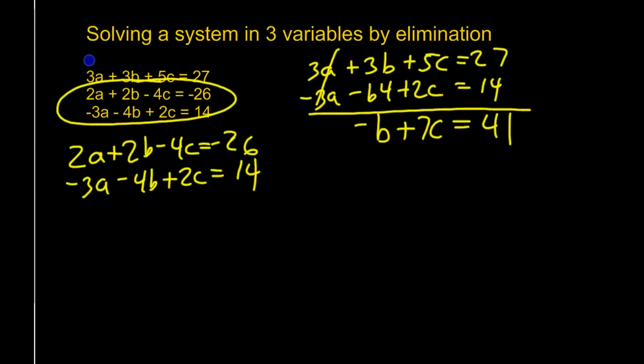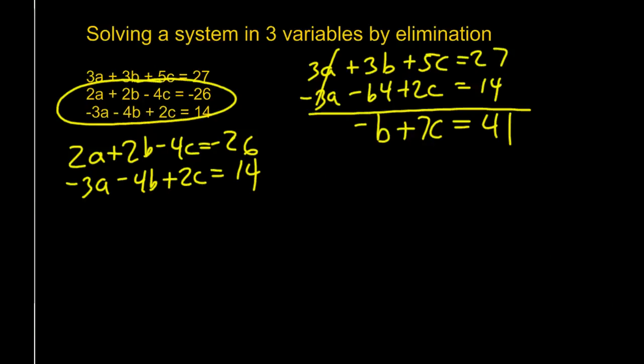A lot of you would naturally look at this and see I have 2 and negative 4 in my b's, and I could cancel out a b. However, that's not going to help me. I have an equation over here in two variables that has b and c in it. So that means I need to eliminate a.